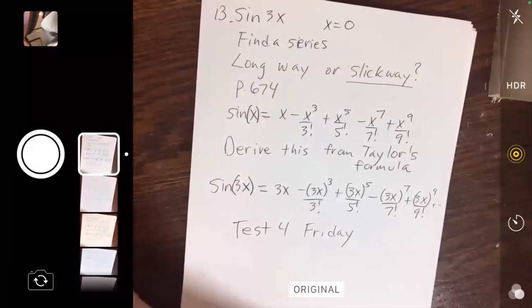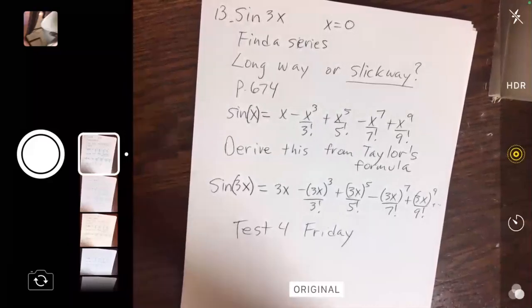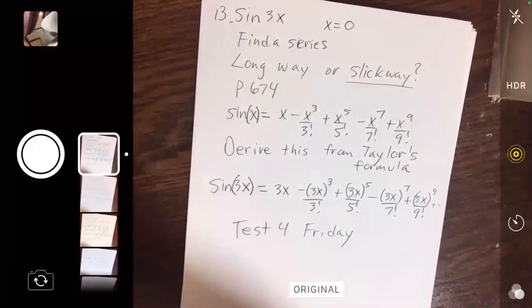Anybody want to say anything else? Is this our last test before the final? No, we have a test on chapter 10. Chapter 10, I think you'll find is a lot easier than this. I think we're going to do chapter 10 all next week.